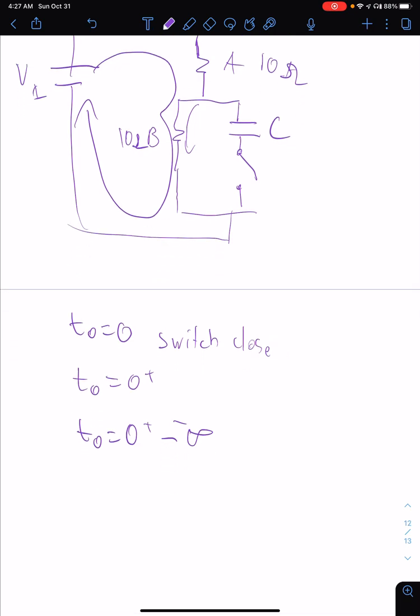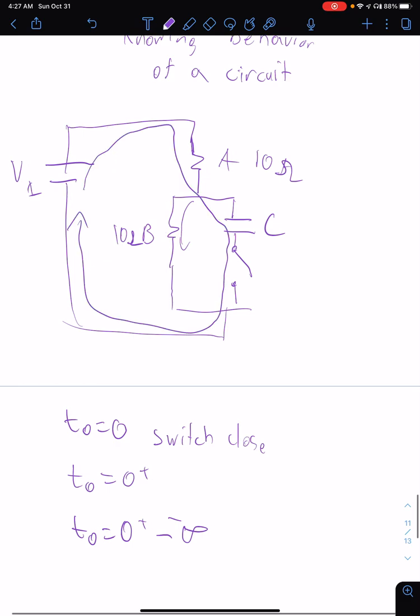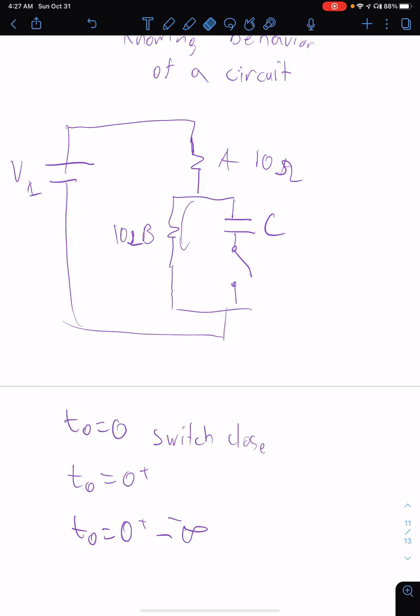Now here's the fun part. Let's say there was also a bridge here with a switch. Now I'm going to change the circuit just a little bit. No, I don't need a battery.